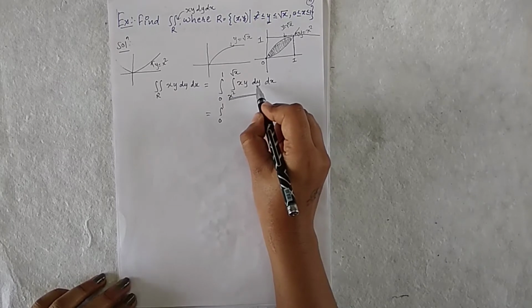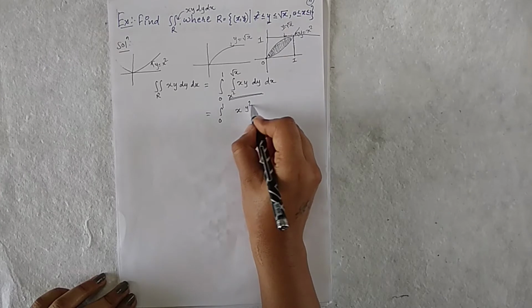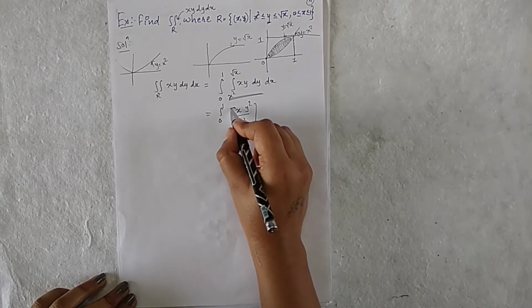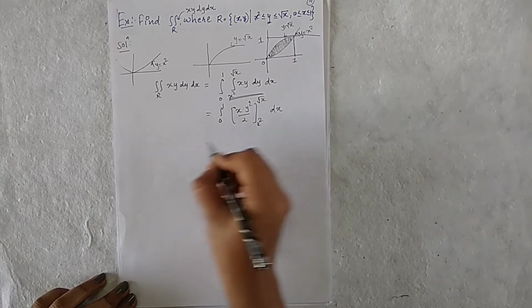We integrate with respect to y, so x is constant and the integration of y is y square by 2, with limit x square to square root of x, dx.